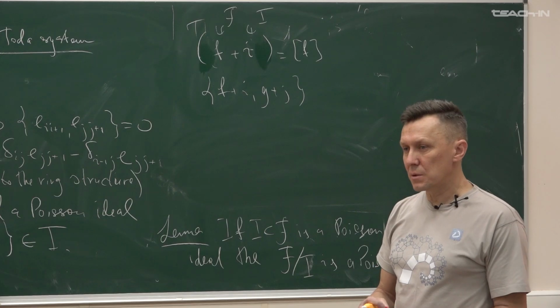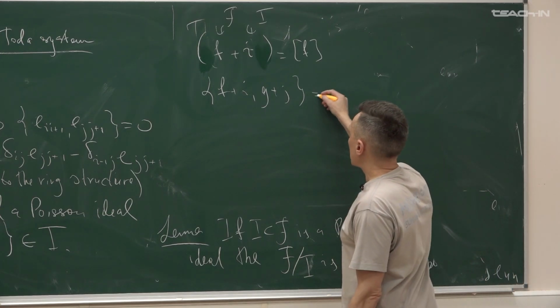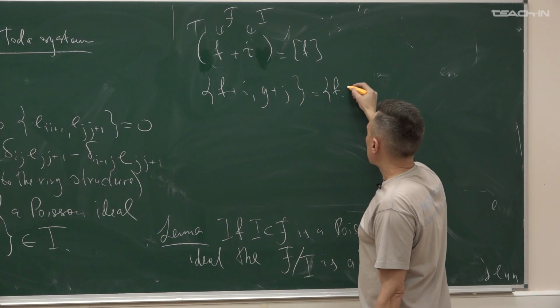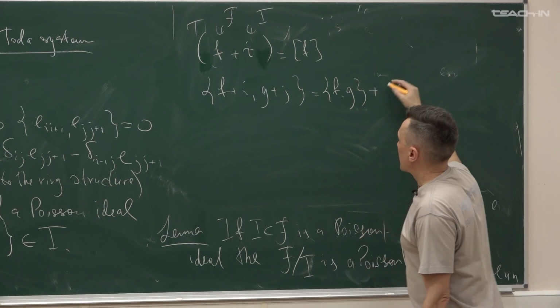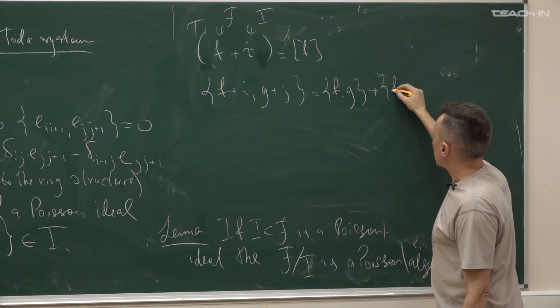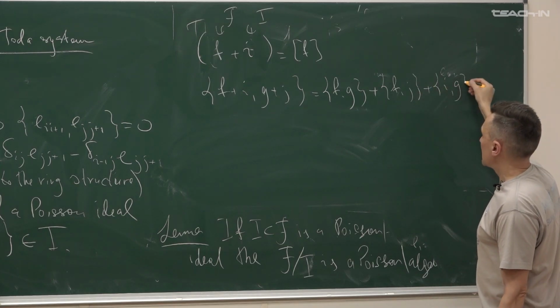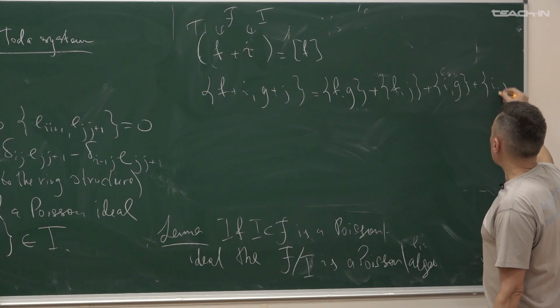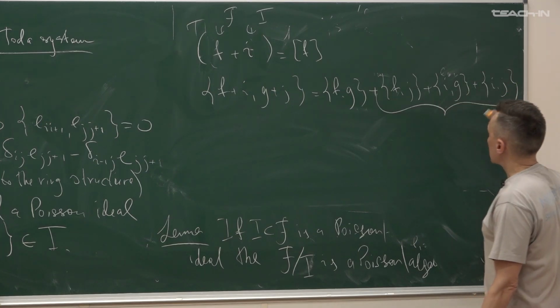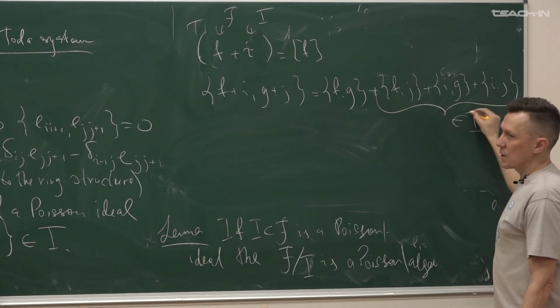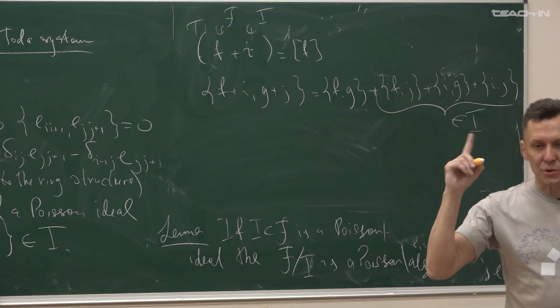And the calculation is very simple: {F, G} plus {F, J} plus {I, G} plus {I, J}, and all this part is an element of I, because it's a Poisson ideal.